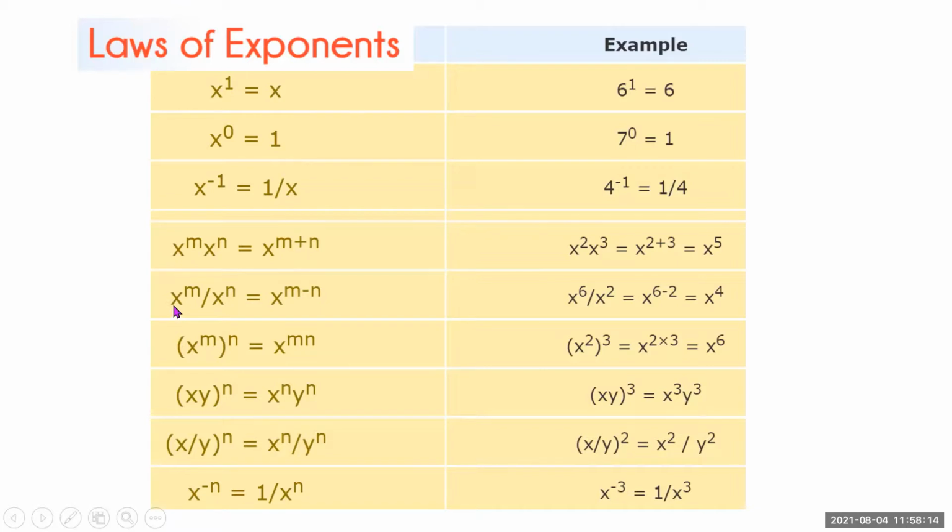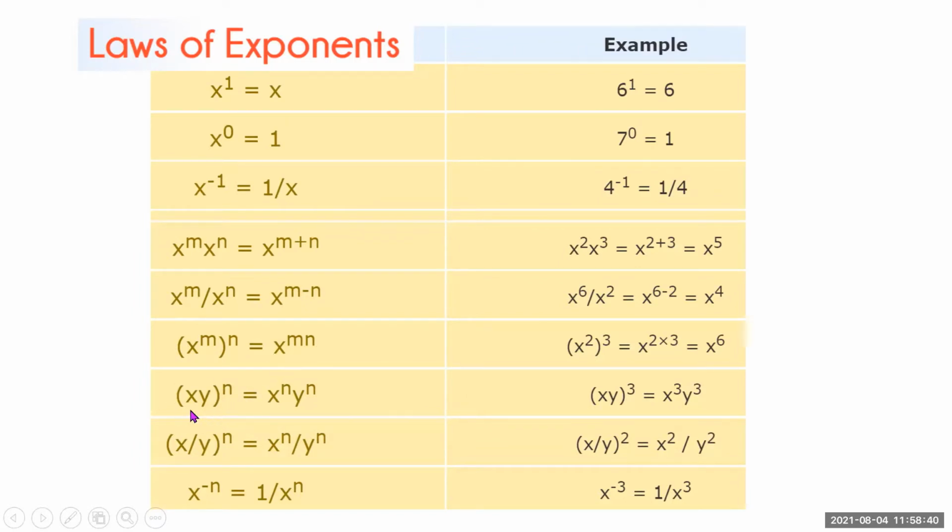This is the quotient rule. In this case, x^m divided by x^n is x to the power m minus n, because this n is in the denominator. When you go up, it becomes minus. Power of a power: (x^m)^n will give you x^(mn).